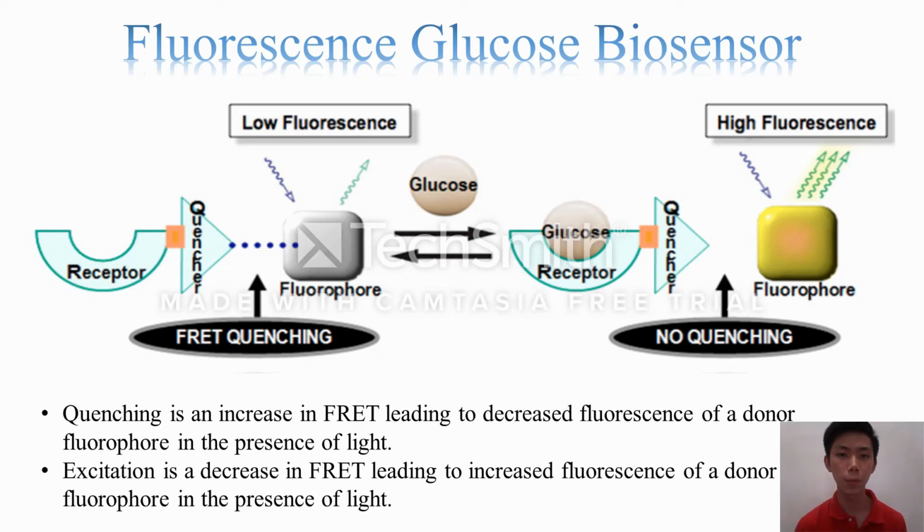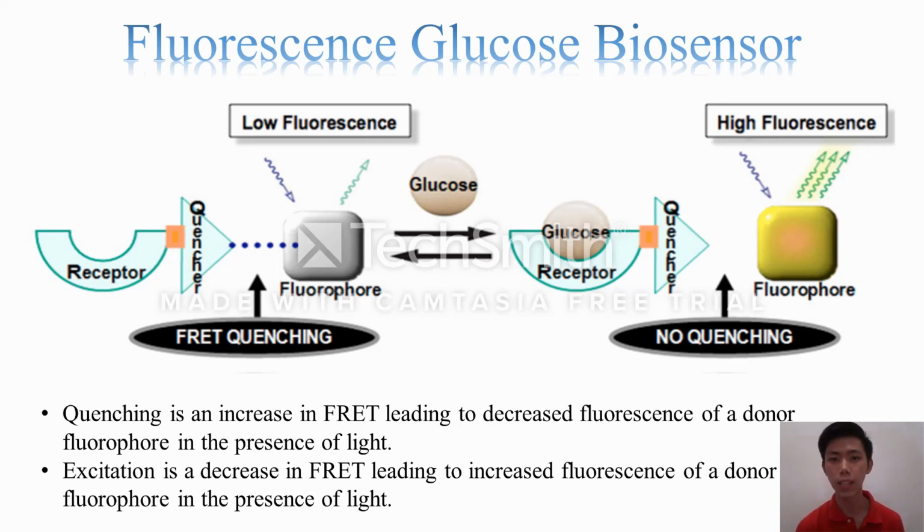So when the fluorescent resonance energy transfer decreases, there is also a decrease of electron sharing between the acceptor and the fluorophore, and this will result in an increase of luminescence in the fluorophore. However, in the absence of glucose inside the biosensor, there is an increase in the fluorescent resonance energy transfer.